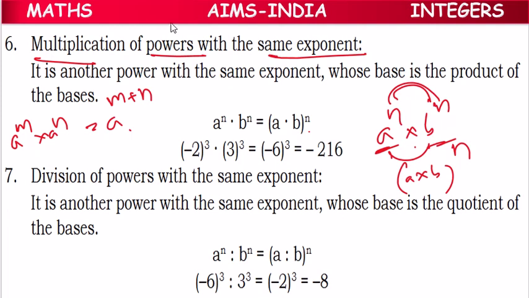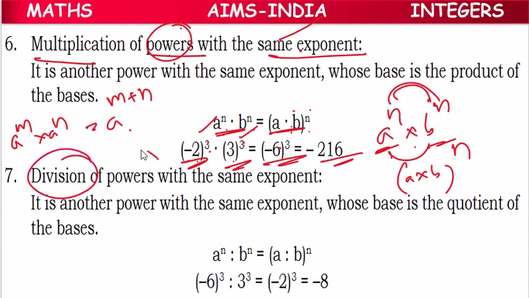Example: (-2)^3 times 3^3. The powers are the same, so (-2 times 3)^3, which is (-6)^3, equal to -216.